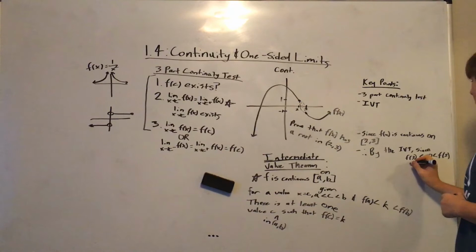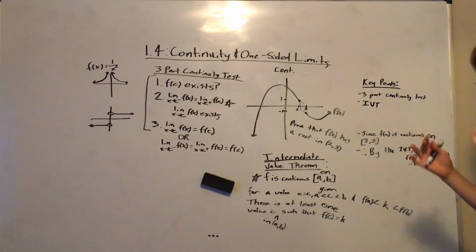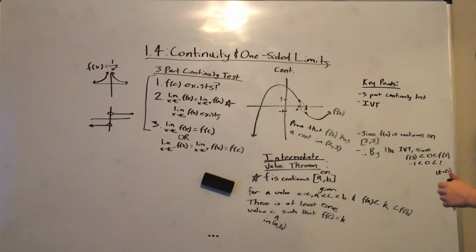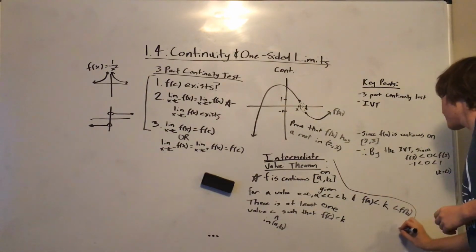This one would have been minus 1, and this one would have been 1. We're going to say that k is equal to 0 in this case. You don't have to write that, but we're pretending that this is our k right now. I'll draw a line to show where this problem is.